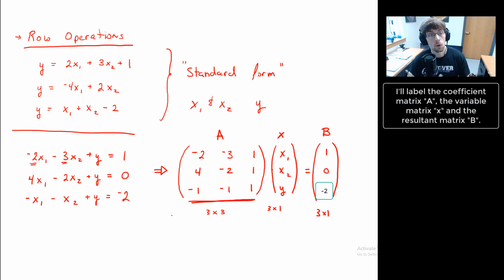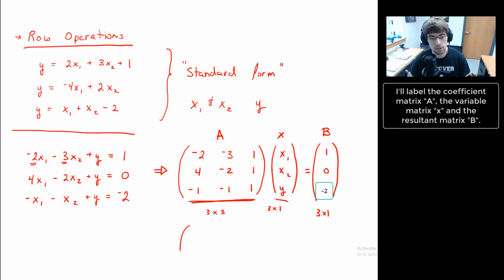Okay. So oftentimes, once you have these equations written, this matrix, which I will call A, the variable matrix, which I call X, and then your resultant matrix, which is usually called B. Once I have that written down, most of the time mathematicians and physicists won't write the variable matrix anymore.